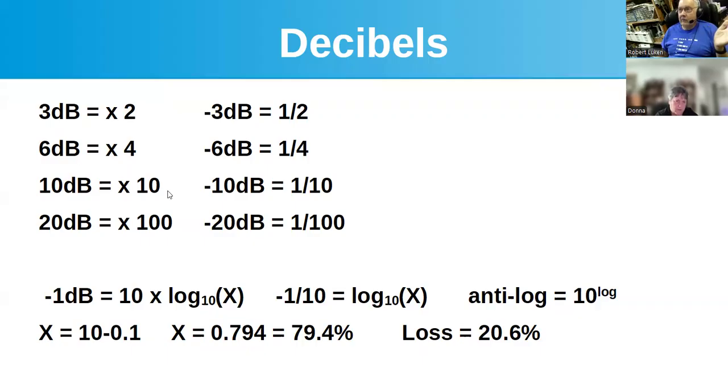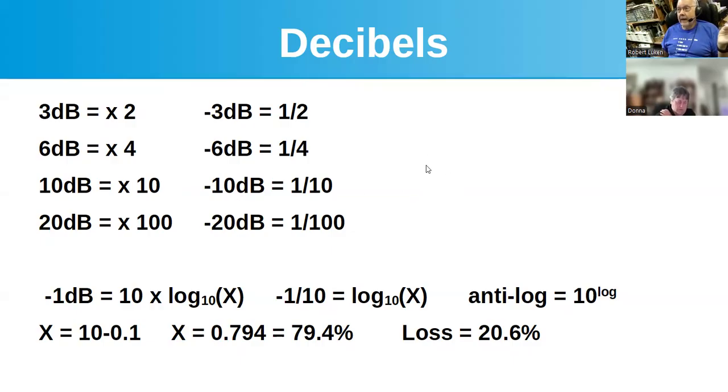So 13 dB would be equal to 20. Would you mind doing that one more time? Okay. 3 dB is 2, 10 dB is 10, right? If I add 3 dB to 10 dB, I'm effectively multiplying the values of these. So I'm going to multiply 2 times 10.